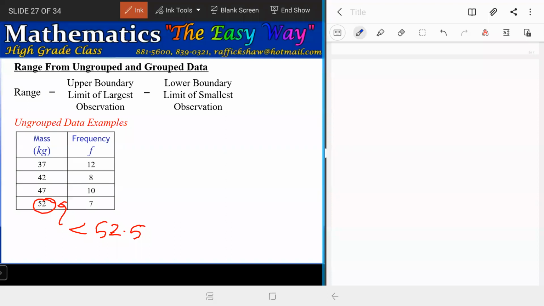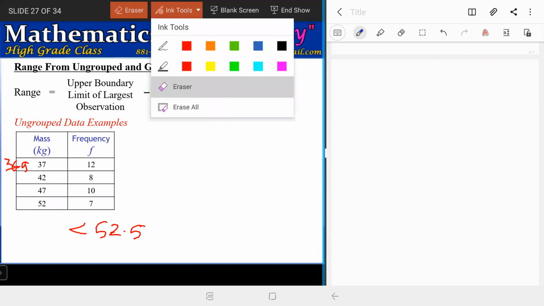So that group takes values up to 52.5. And then this first group takes any value from 36.5. Any value from 36.5 can go in that group. So therefore, the range of this data really is between these two values.